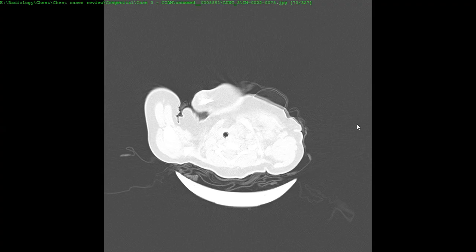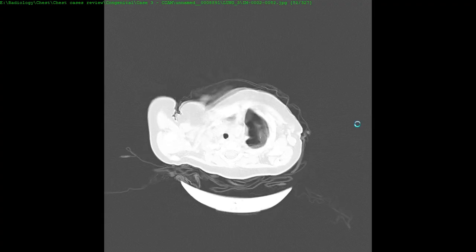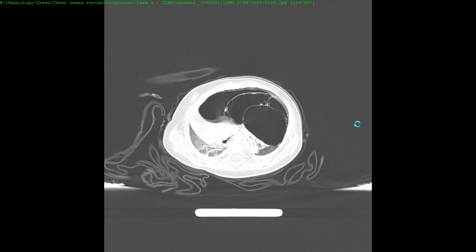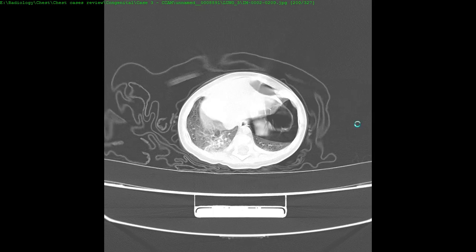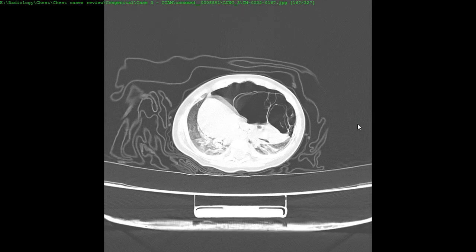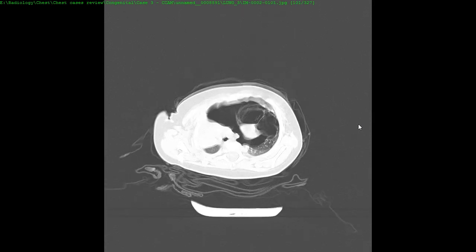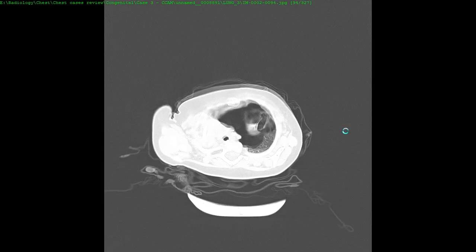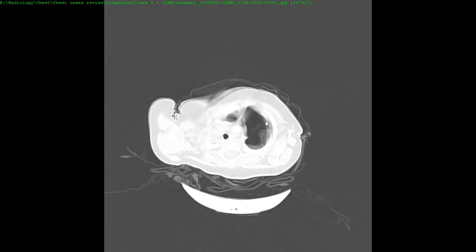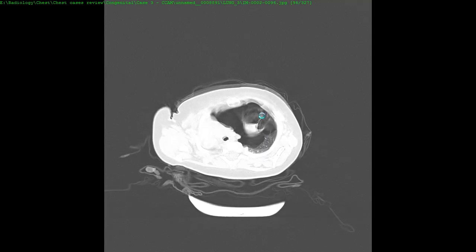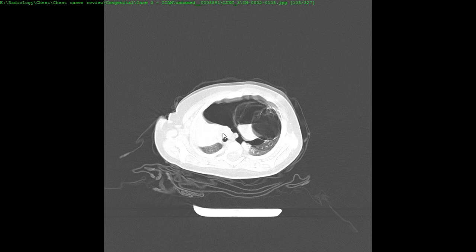Case number 2. This was a child who complained of acute respiratory distress. Obviously there is an acute condition here with this tension pneumothorax.